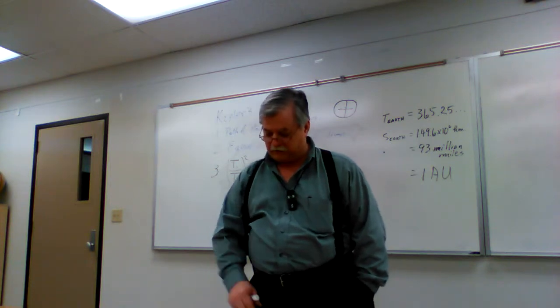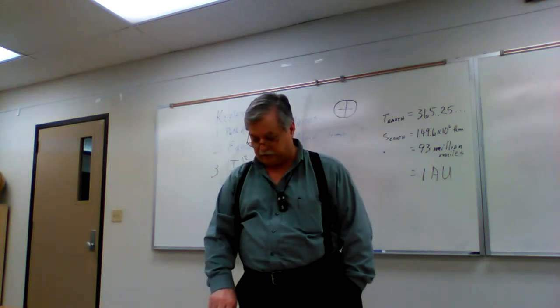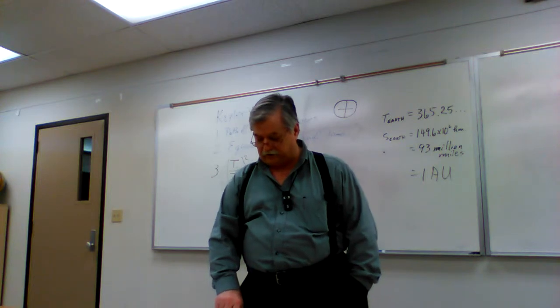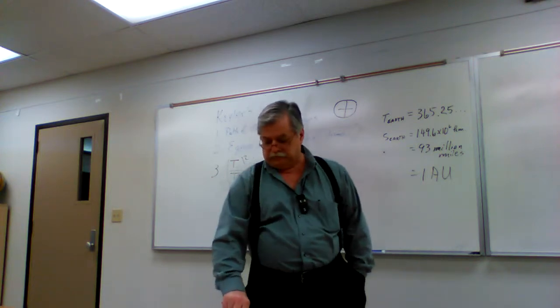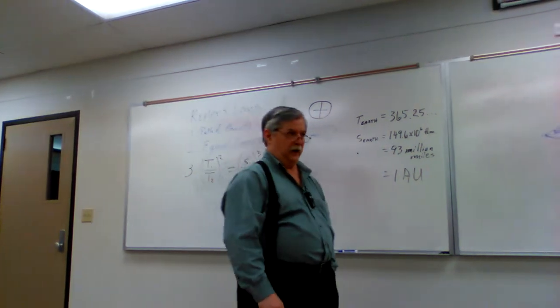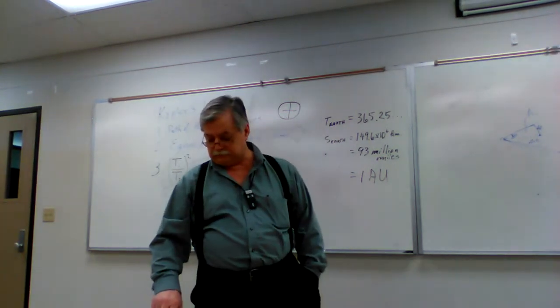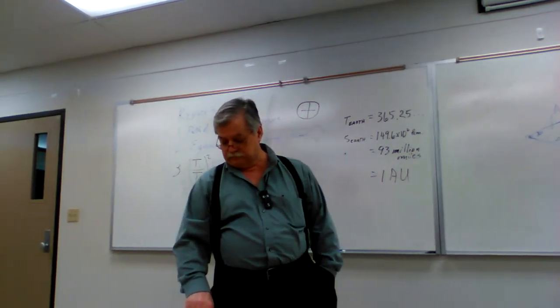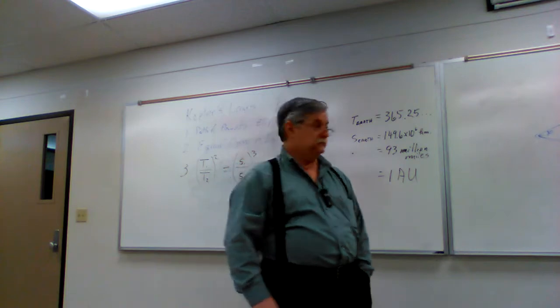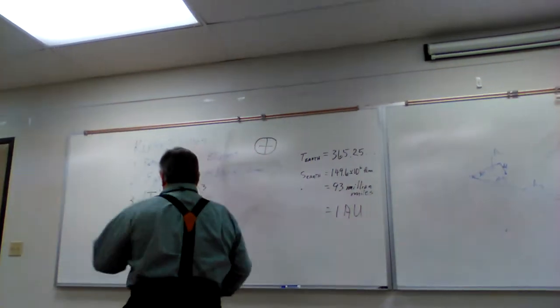They give you a better description here in the book under Kepler's third law, but we're not going to go into the geometry of it. Now, what does this mean?